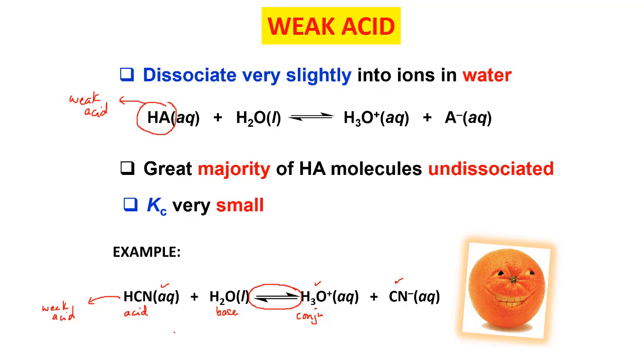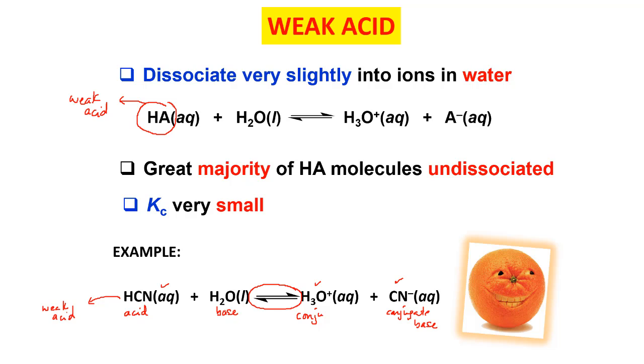Okay, kalau you lihat di sini, alright, when hydrocyanic acid donates a proton to water, it forms cyanide ion. Jadi, cyanide ion ini adalah conjugate base bagi hydrocyanic acid. And water, disebabkan dia accept proton, dia adalah BRØNSTED-LOWRY base.